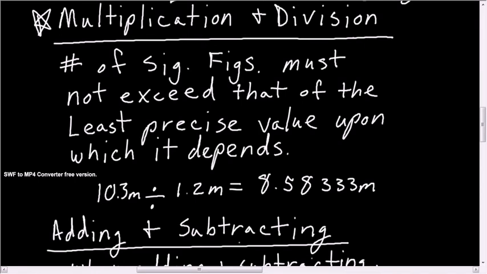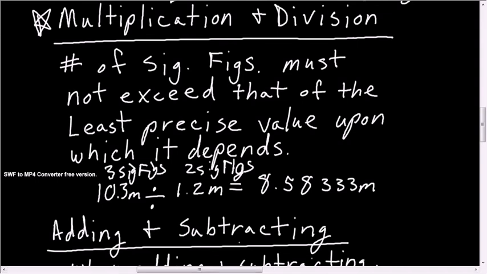But then I have to find the least precise value. I have 3 sig figs for this one, and 2 sig figs for 1.2 meters. So I can only have 2 significant figures in my answer.